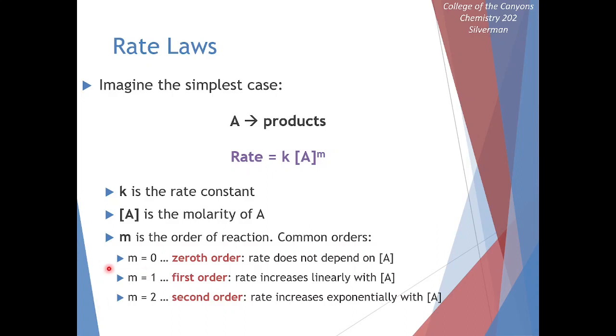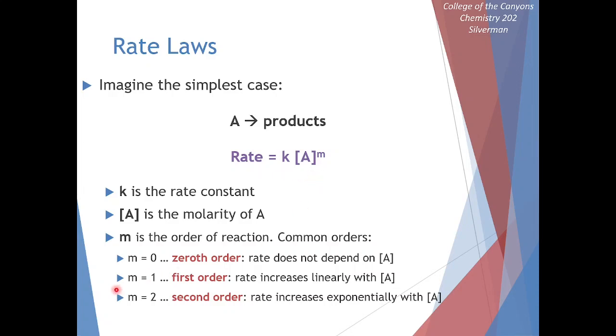If we have a reaction order of 0, zeroth order reactions tell us that the rate of our reaction is equal to some constant times A raised to the 0. Anything raised to the 0th power is just going to be a 1. In this situation, the reaction rate does not depend on the concentration at all.